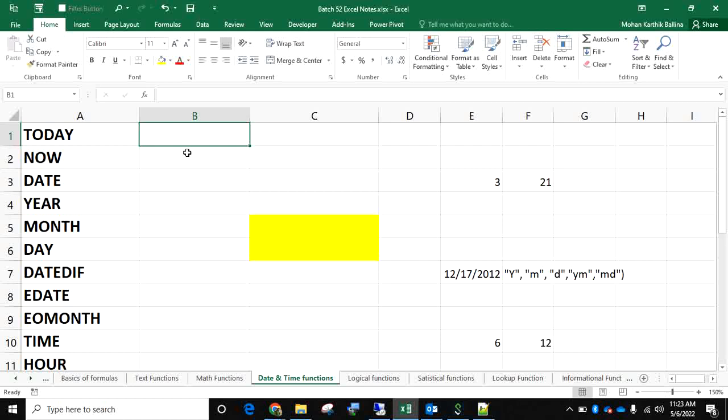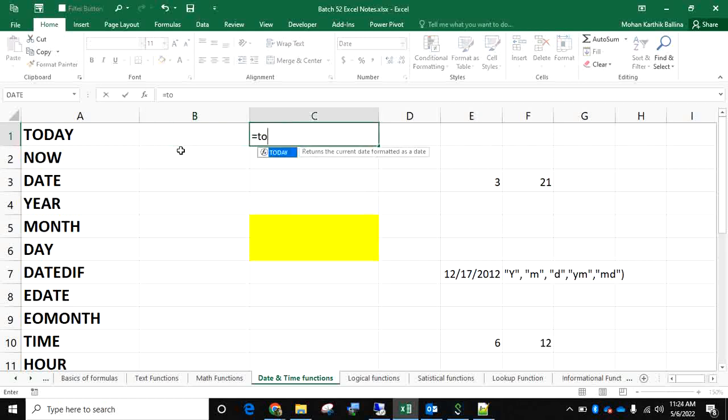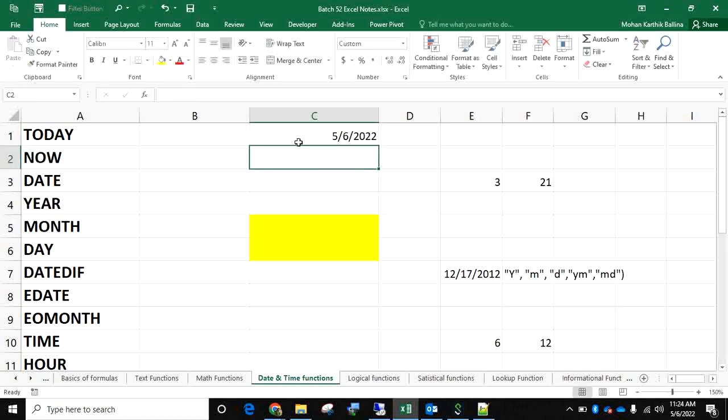So the first function, TODAY, what does it retrieve? TODAY gives you today's date. Do you need to pass any value in the brackets? No, right? It is not required.